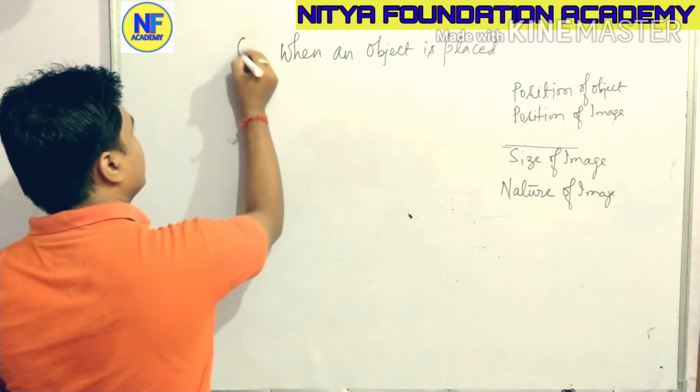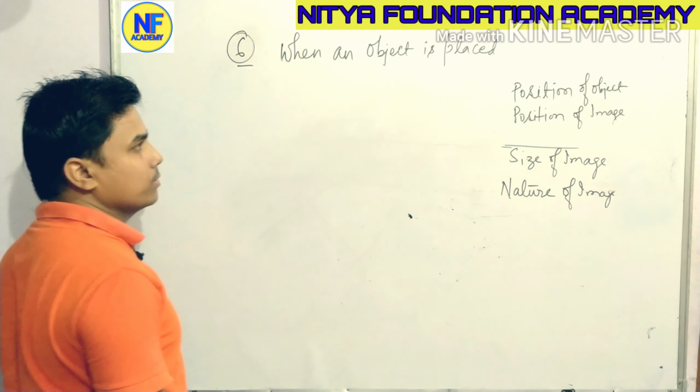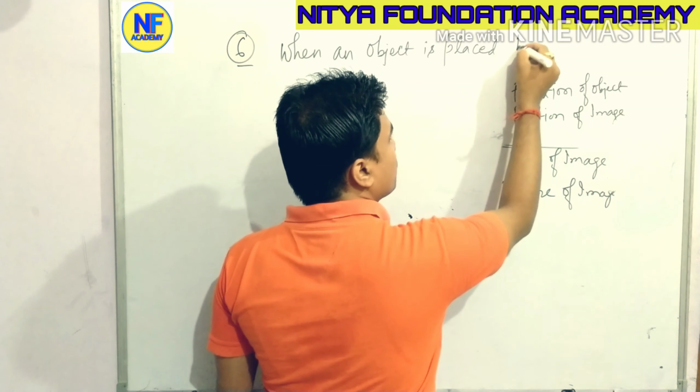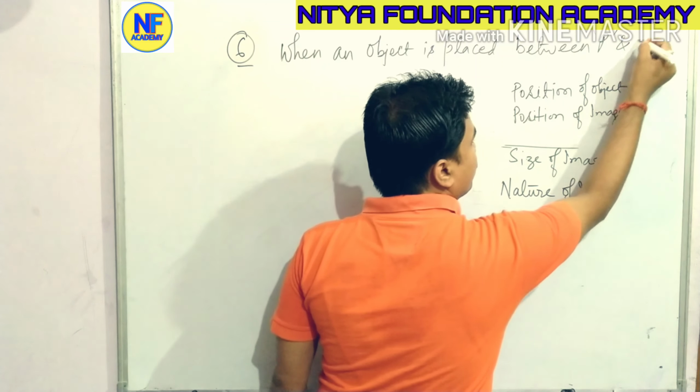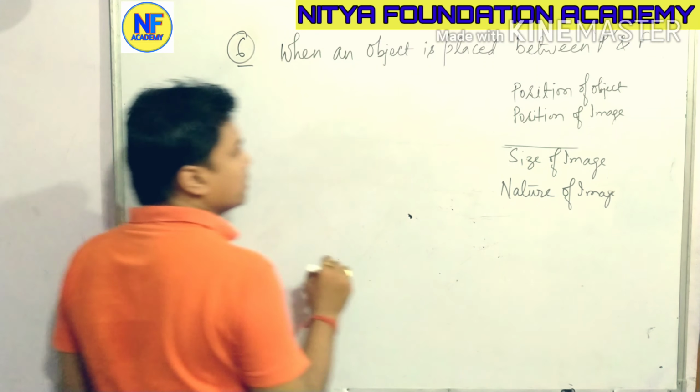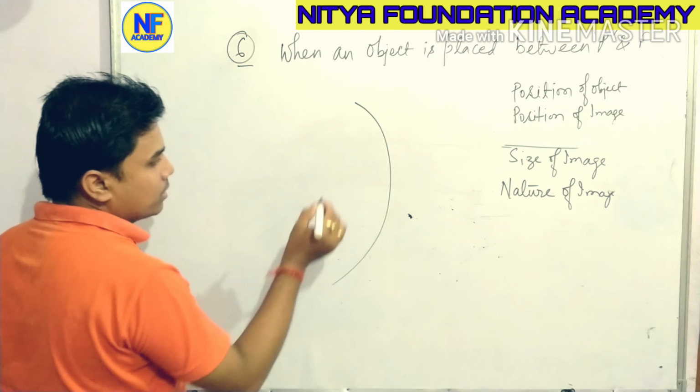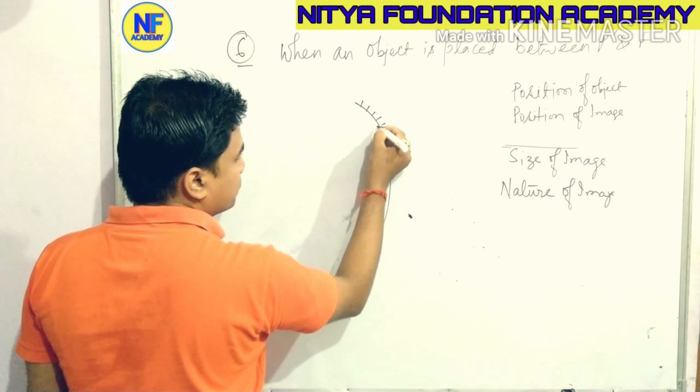So students, this is the last and the sixth image diagram in concave mirror. The object is placed between pole and focus. Pole, that means P, and focus, that is F. So for this we have to make another concave mirror that I am making here.